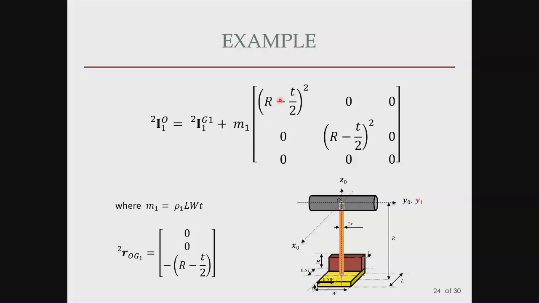So this times the mass of part 1, plus the inertia tensor that we already calculated for part 1, the cuboid about the center of mass of part 1. We are adding them, and we should get the overall inertia tensor of part 1 about O.